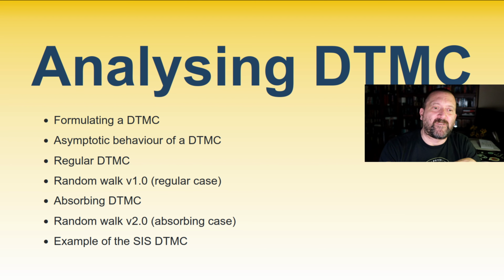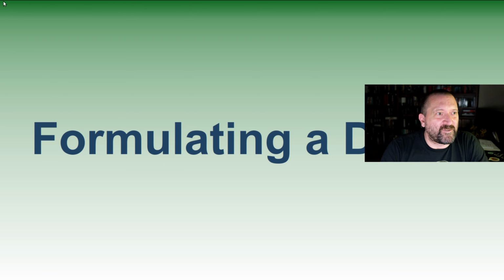And we will see that this particular aspect involves two different types of chains. So we have two different types of answers depending on whether we have a regular discrete time Markov chain or an absorbing discrete time Markov chain. And I will give a couple of examples with more numerics.